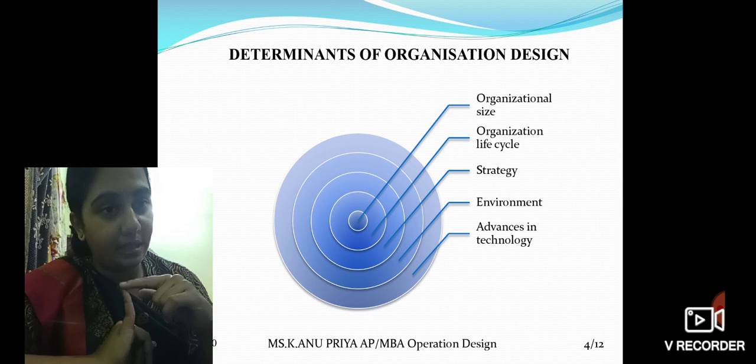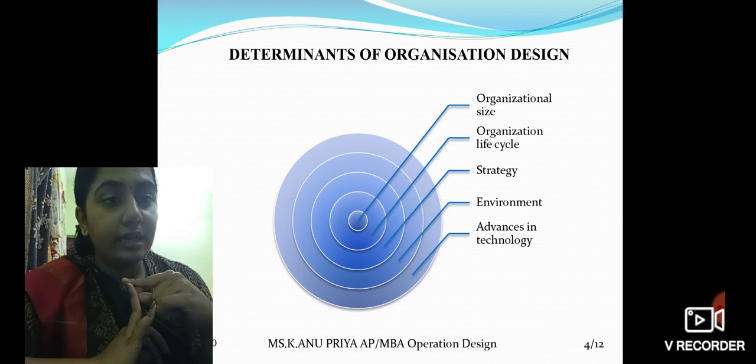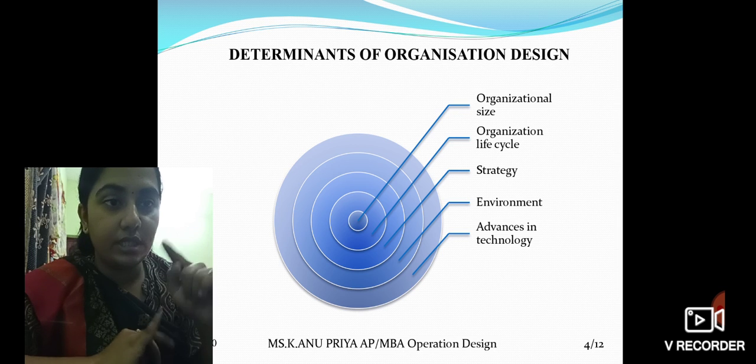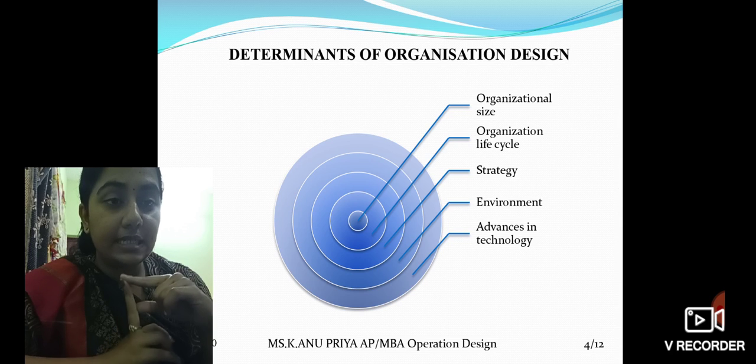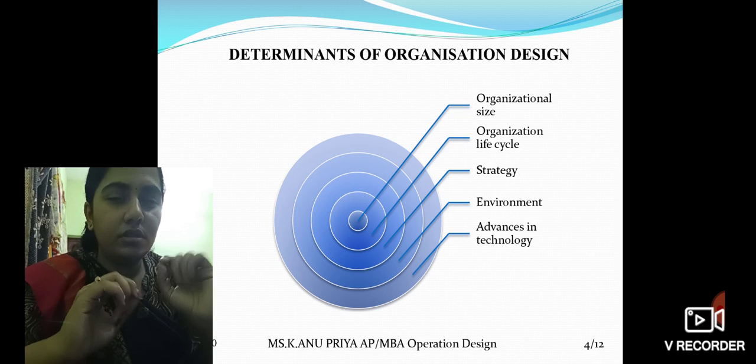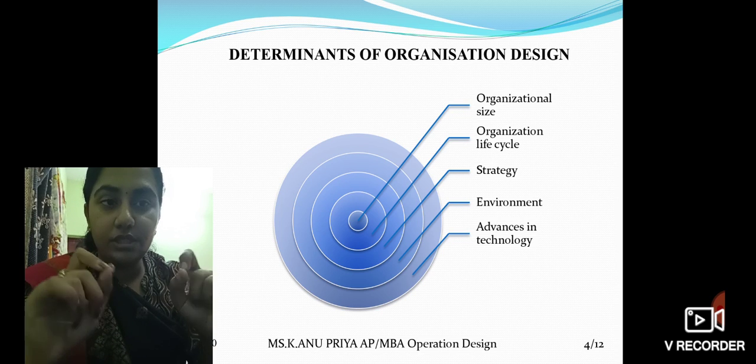So organization size. Then organizational life cycle: what life cycle it comes across. Then next is strategy: what strategy the organization is using.